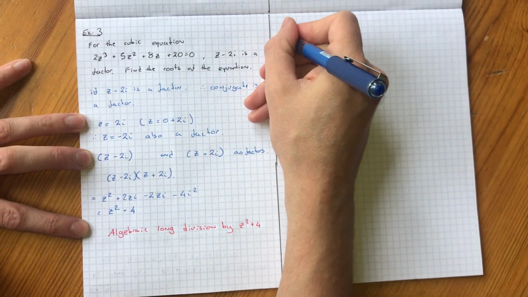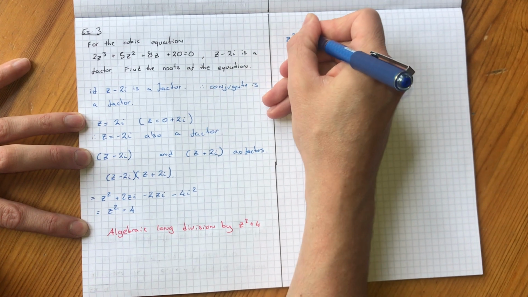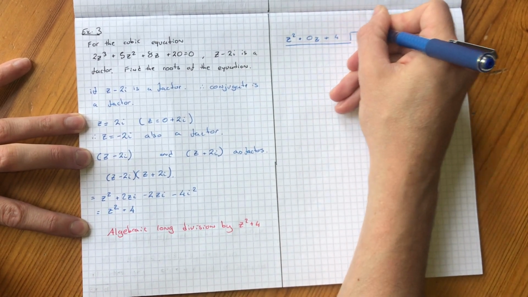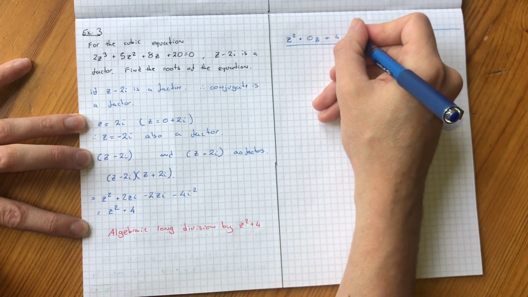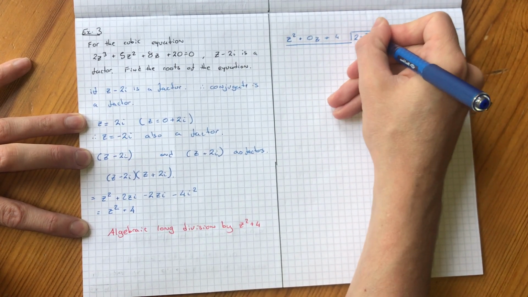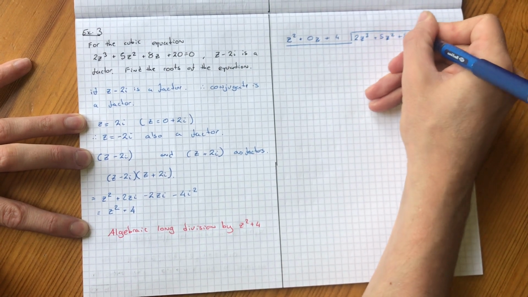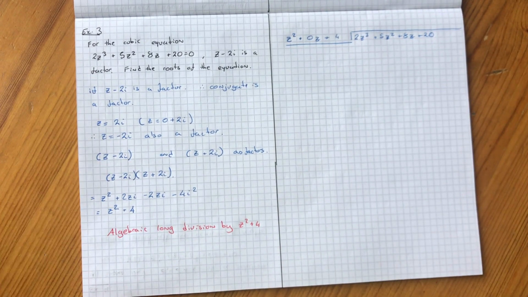So I'm going to get z squared plus 0z plus 4 dividing into 2z cubed plus 5z squared plus 8z plus 20.